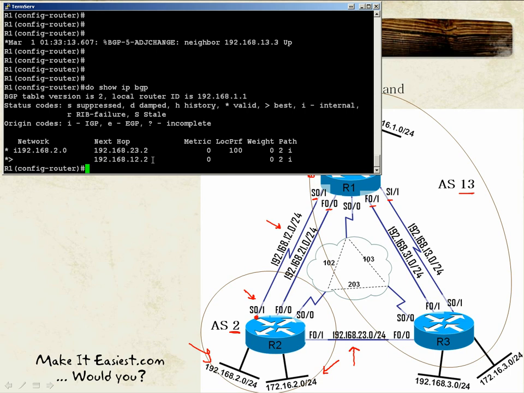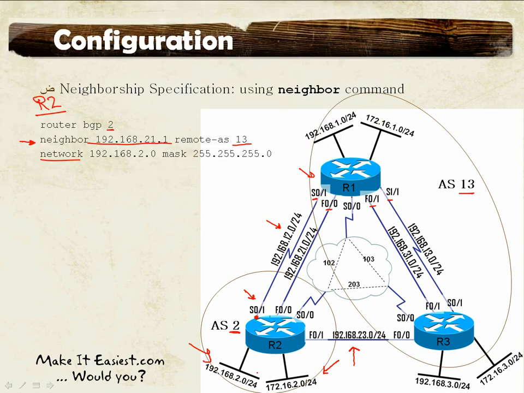So now we have 2 neighbors that are sending the same prefix. Of course, router 2 injected information about this network right here into BGP and sent information over to router 3 and to router 1.